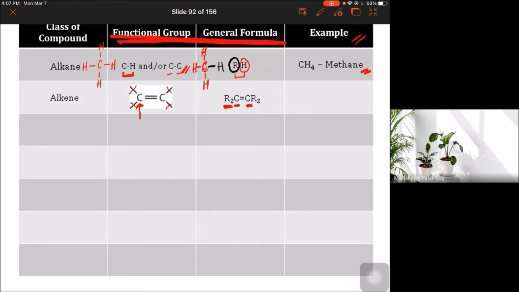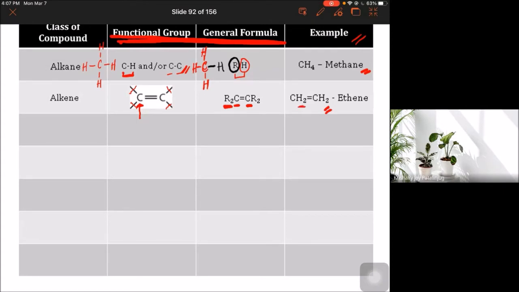So, if you are given a structure, and then you have observed this group of atoms, carbon to carbon double bond, then that portion of the structure is an alkene. Okay? So this is the simplest example of alkene, wherein hindi R group yung binigay dito, which is this time, hydrogen.